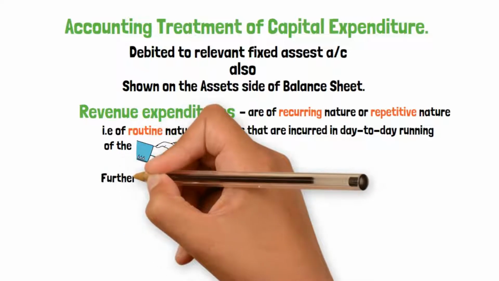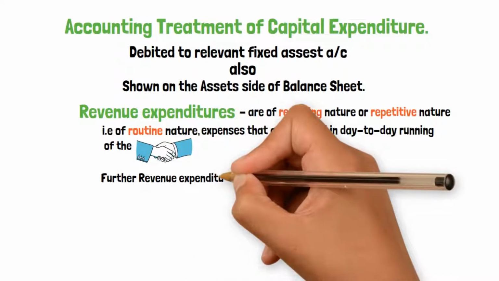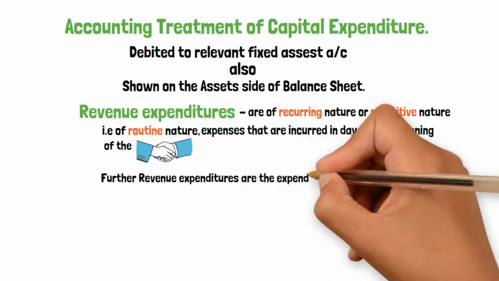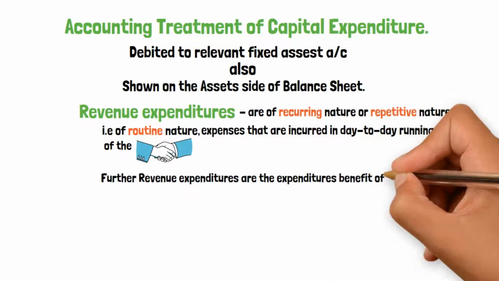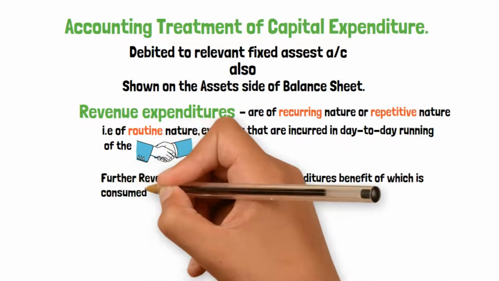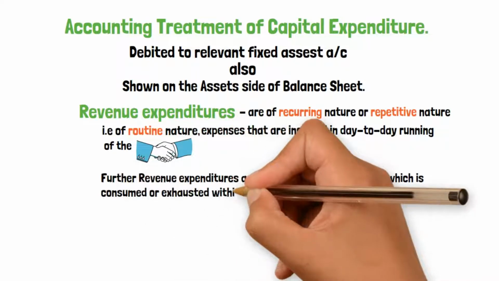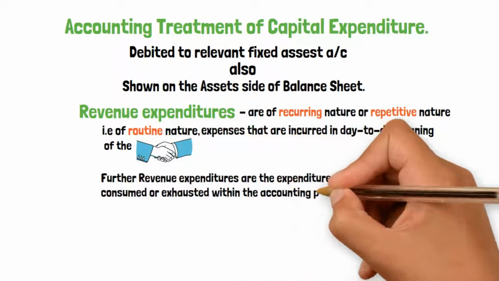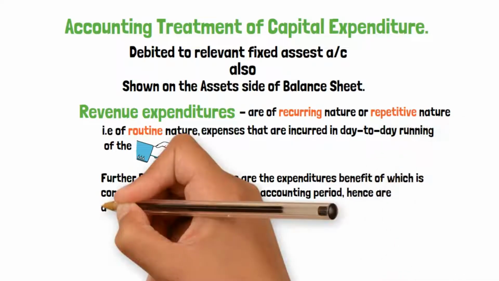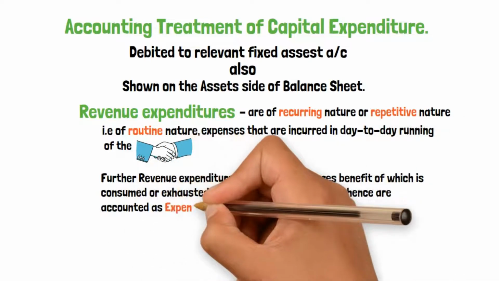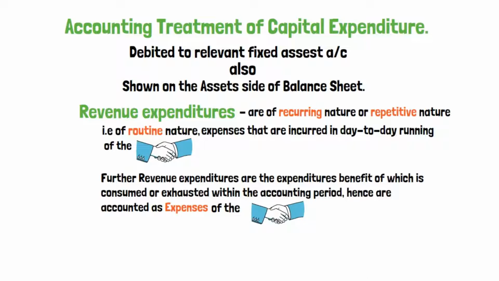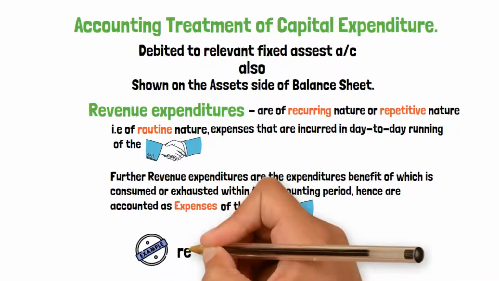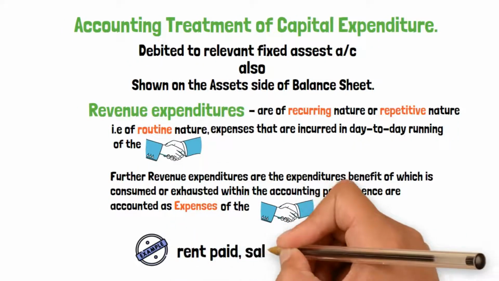Further, revenue expenditures are the expenditures, the benefit of which is consumed or exhausted within the accounting period, hence are accounted as expenses of the business. Example, rent paid, salaries paid, etc.